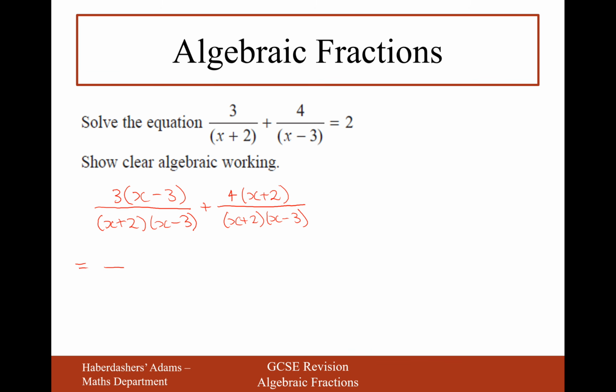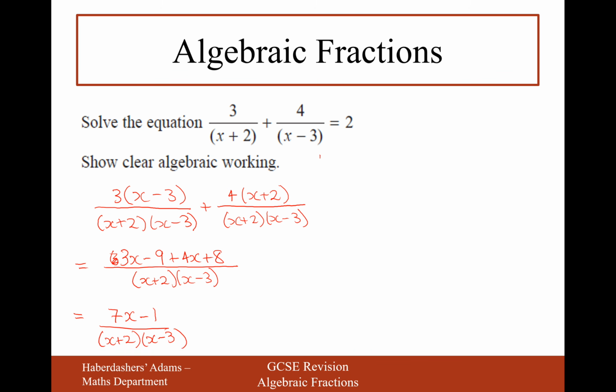Okay, so let's now put this all over one common denominator and expand the bracket, so it's going to be 3x minus 9 plus 4x plus 8. And let's simplify that, that will make it 7x minus 1 over x plus 2, x minus 3.